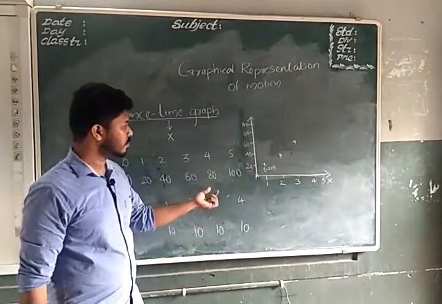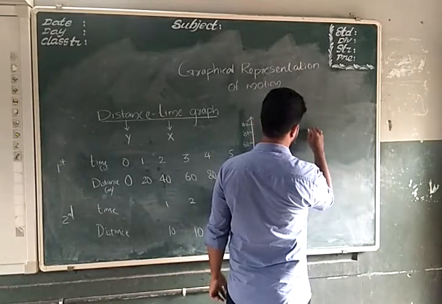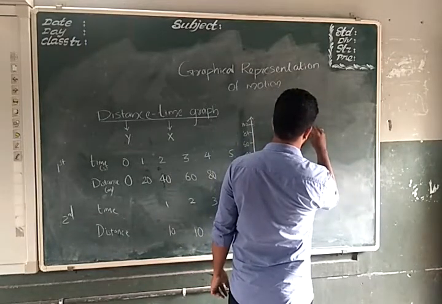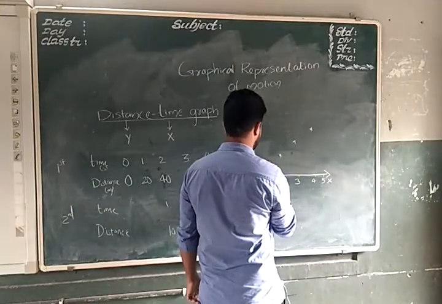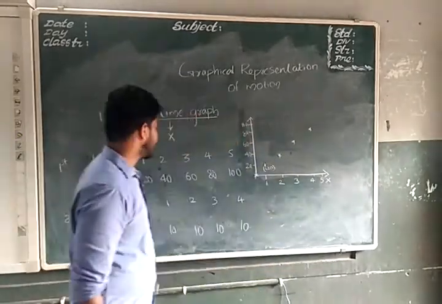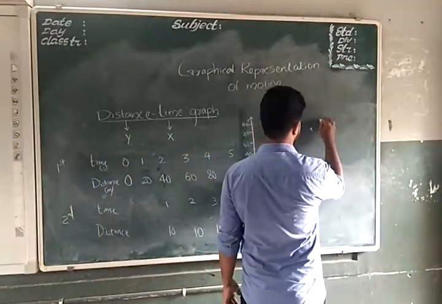Then at 4, it is at 80, almost here. And last one at 5, it is 100.